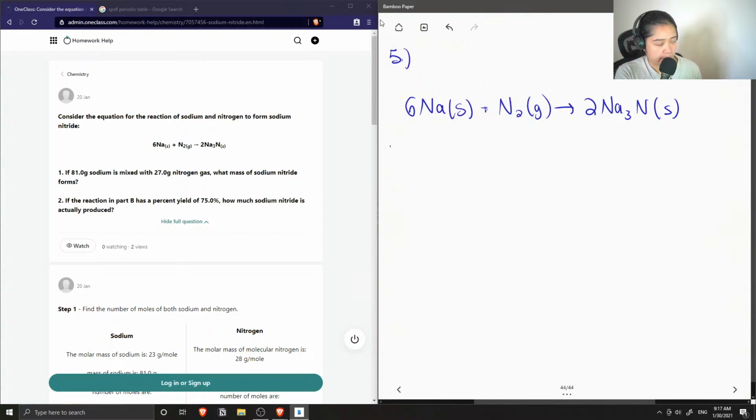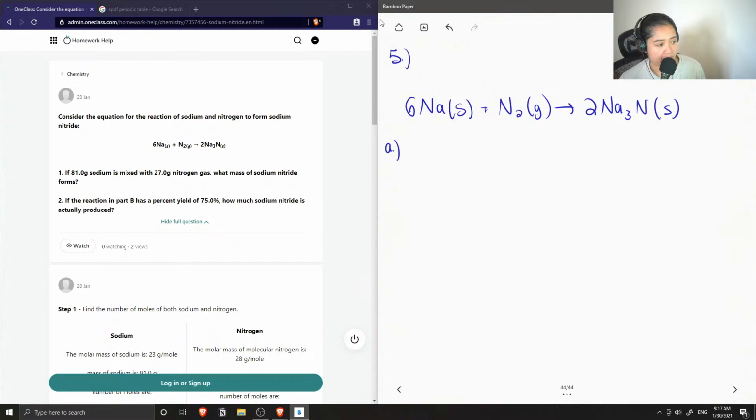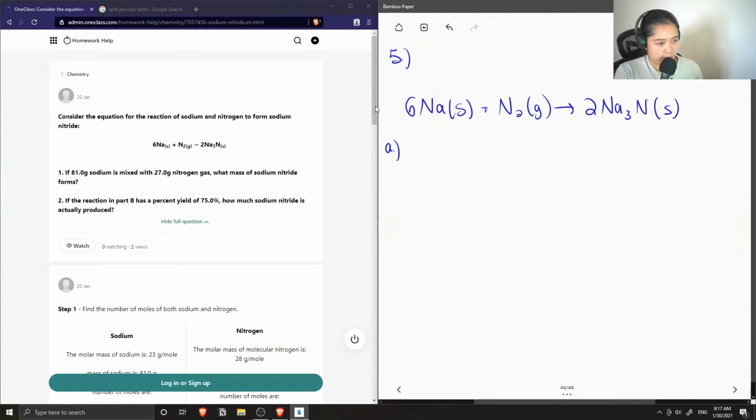For part A, if 81 grams of sodium is mixed with 27 grams of nitrogen, what mass of sodium nitride forms? Okay, so first let's find the number of moles for both of these reactants to see which one is the limiting reagent.